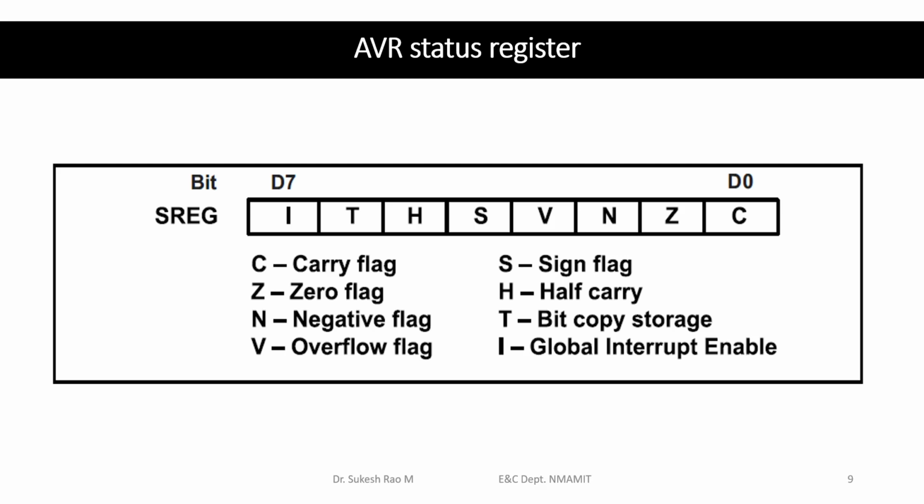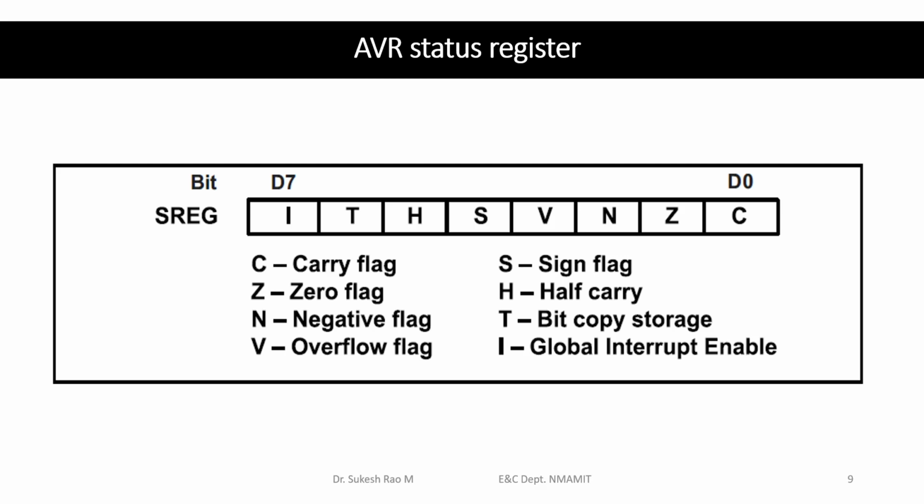So here is the AVR status register, which is called SREG. As you can see here, this is the register that I'm talking about. SREG is an 8-bit register. What this register basically does is indicate the status of some arithmetic operation. For example, if you're performing an addition, there are certain parameters we watch after the arithmetic.